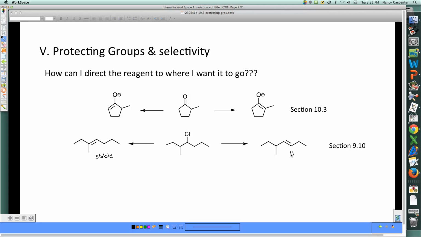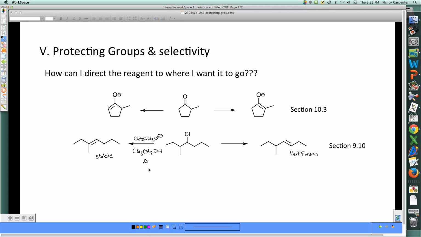This can be achieved by using the Hofmann elimination, or a really super bulky base, whereas we would get this one almost exclusively, definitely a major product, by using, say, CH3CH2O minus, sodium ethoxide in ethanol. And of course, to favor elimination as opposed to substitution, we'd use heat.